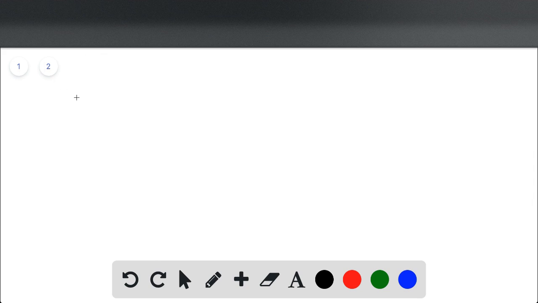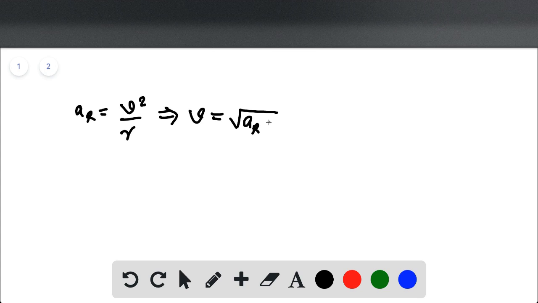The relation between the centripetal acceleration and the velocity is given by A_R equals V squared over R. Okay, so from here we get the linear velocity to be the square root of A_R times R. We have the value of A_R in meters per second squared, and the radius is 7 centimeters, which is 0.07 meter.